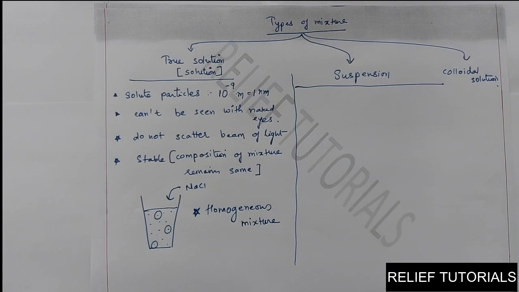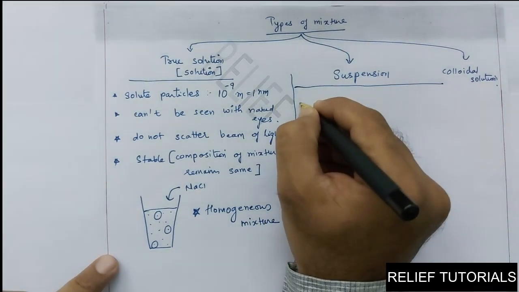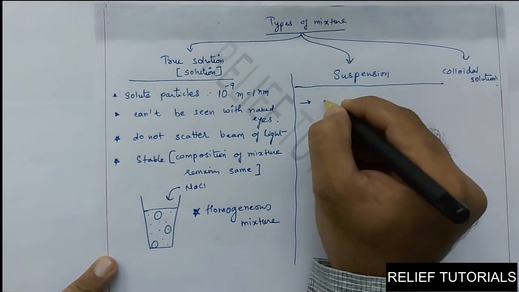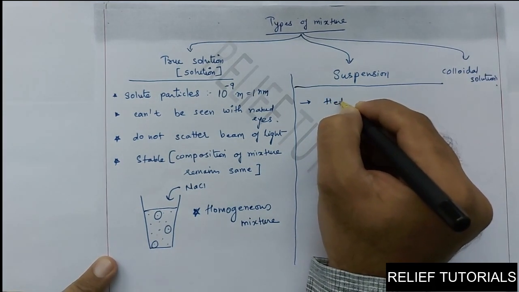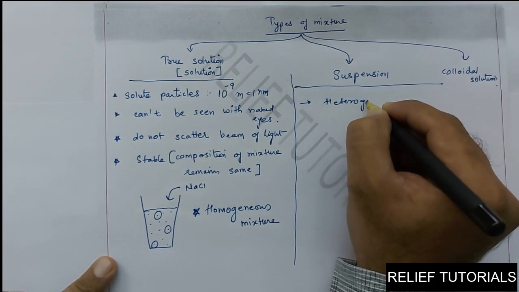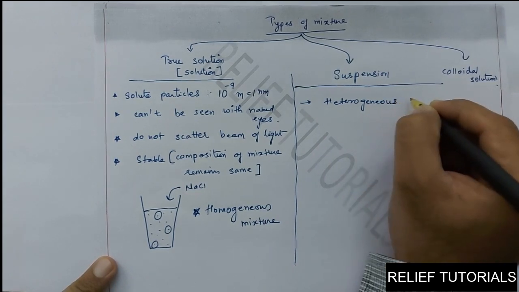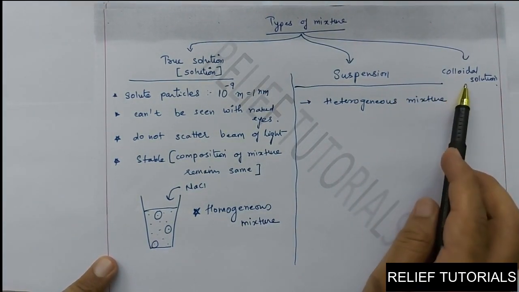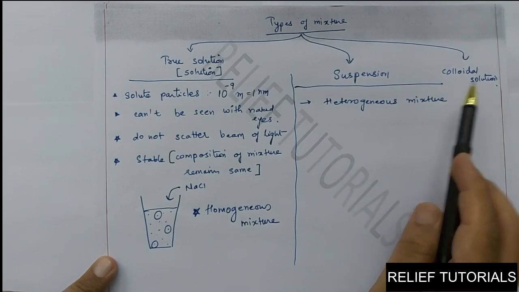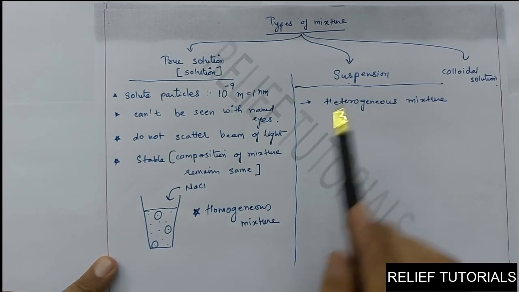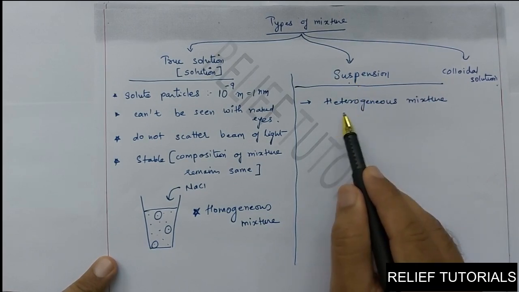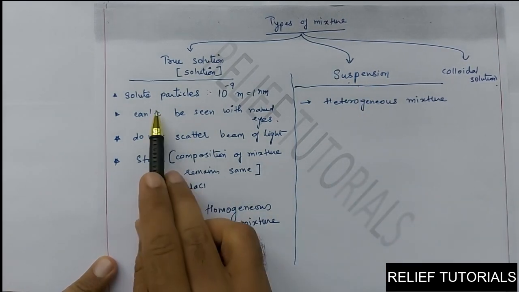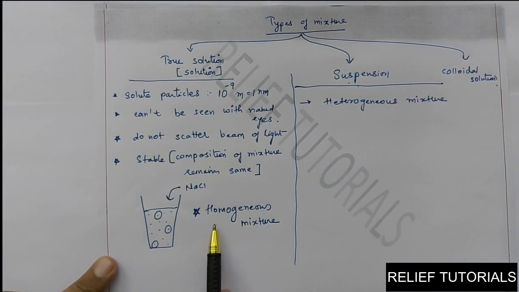Now what is suspension? First of all, suspension is one type of heterogeneous mixture. Colloidal solution we are going to understand later on. Right now I am writing about the suspension. Suspension is a heterogeneous mixture. True solution is actually a homogeneous mixture.